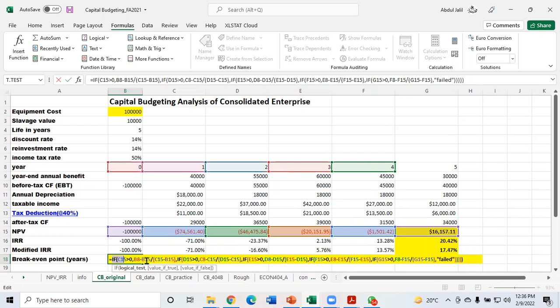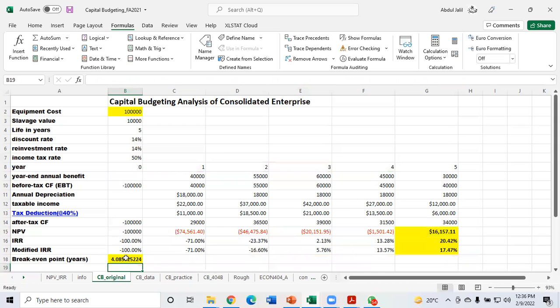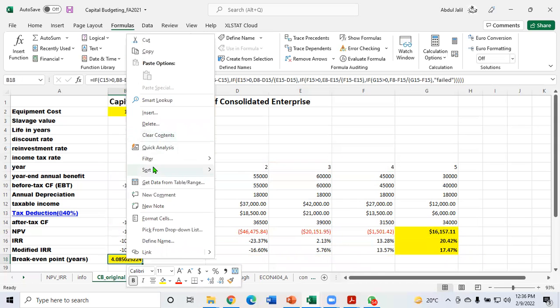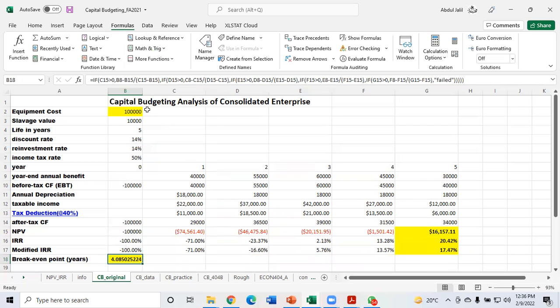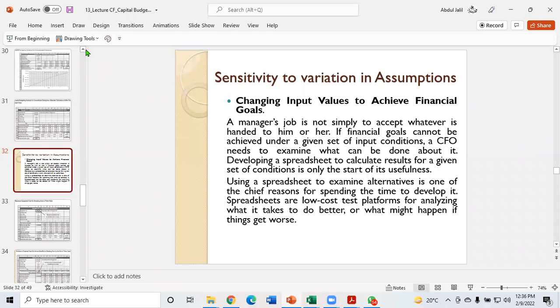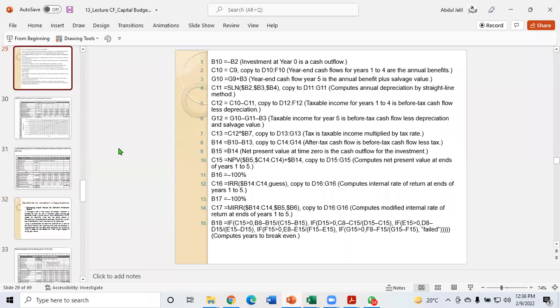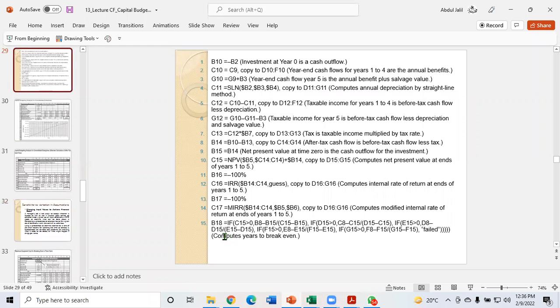So let's suppose I'm going to use this formula as it is, I'm going to copy that. You can initially do that, but it is already mentioned in your slide, I have mentioned this one here, right? It says to just copy this for the break-even point.